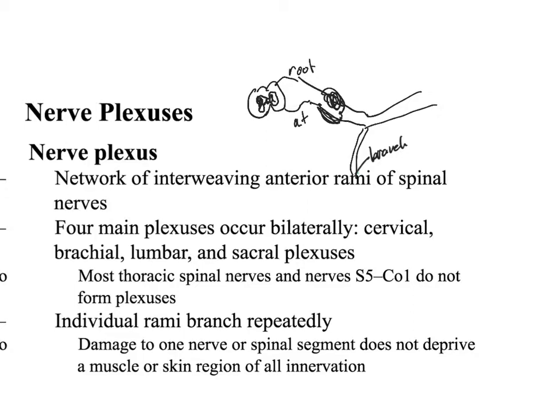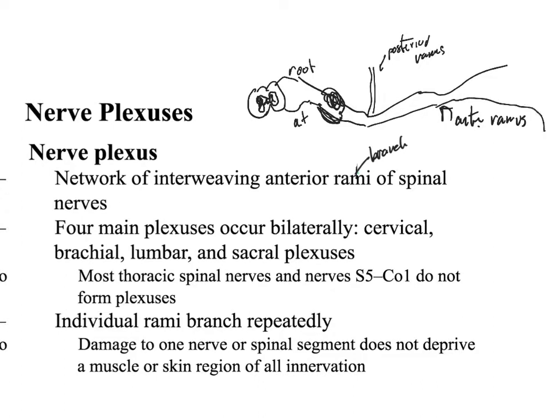Let's do it this way. It splits, and this is your posterior ramus branch, and this is your anterior ramus. Now what a plexus is, this anterior ramus can break into further branches, right?